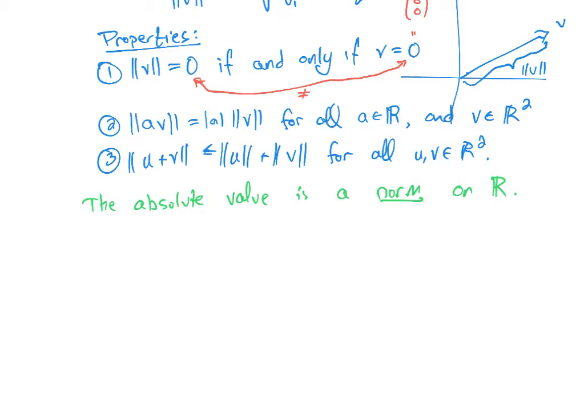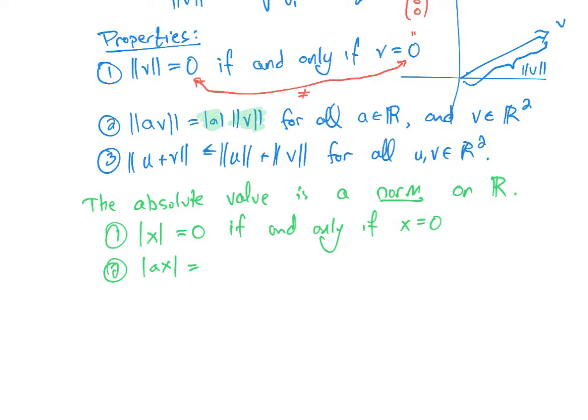Let's just run through those properties real quick. The absolute value of a real number, let's call our real number x this time, is 0 if and only if x equals 0. It's true, right? 2. The absolute value of a times x is, if you read 2 carefully, it says we want an absolute value there and a norm here.